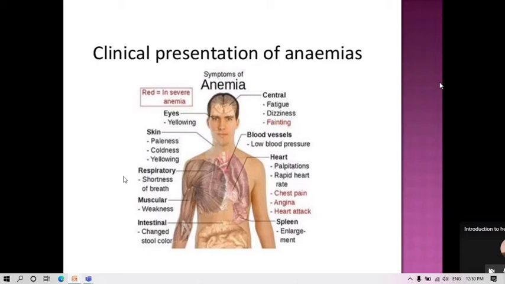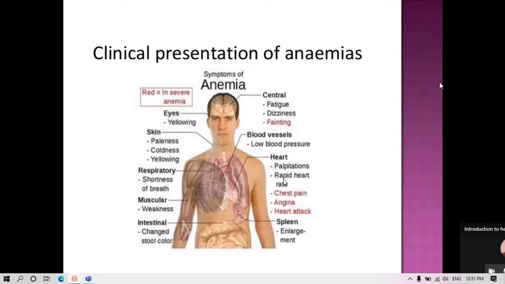The patient will complain of fainting, and there will be low blood pressure, and because there is a low volume of blood and low hemoglobin, the heart has to work more, so that is responsible for tachycardia and palpitations, and that can lead to chest pain, angina, and maybe to heart attack.